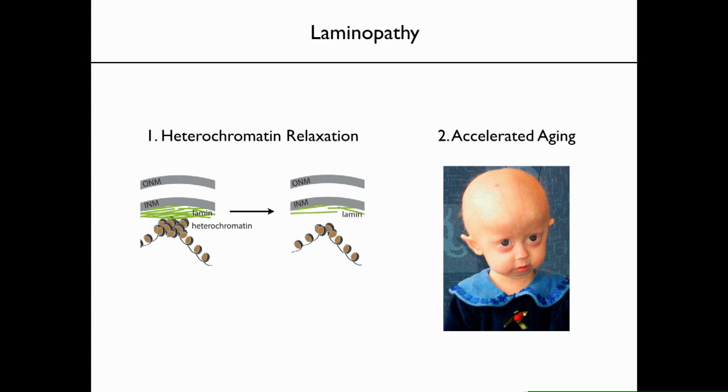So the Lamin protein is a structural protein of the nucleus. It forms the nucleoskeleton. It coats the internal surface of the nuclear envelope and provides attachment sites for heterochromatin by a direct interaction between Lamin and heterochromatin protein 1. So in these diseases, when you have dysfunctional Lamin, the heterochromatin detaches from the Lamin nucleoskeleton and relaxes.